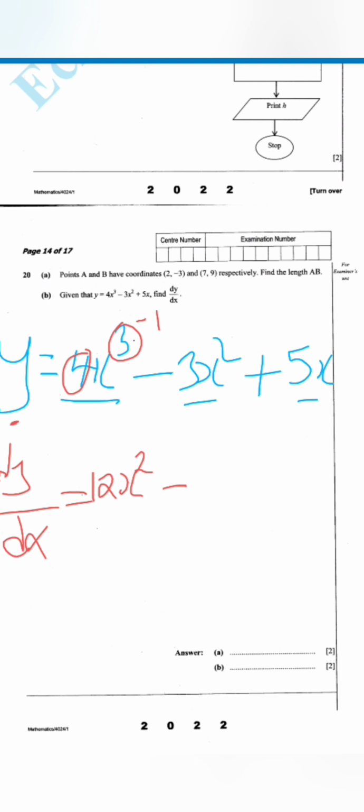Minus, even on the second term, we do the same. The power of x is 2, the coefficient of x is 3, so 2 times 3, we get 6. Then we remain with the x. Remember what we did on the first term: the power 2 is reduced by 1, so 2 minus 1, you get 1.